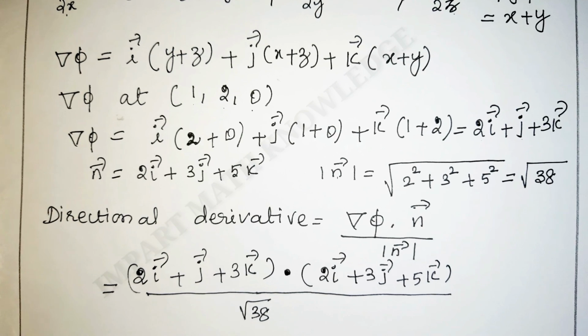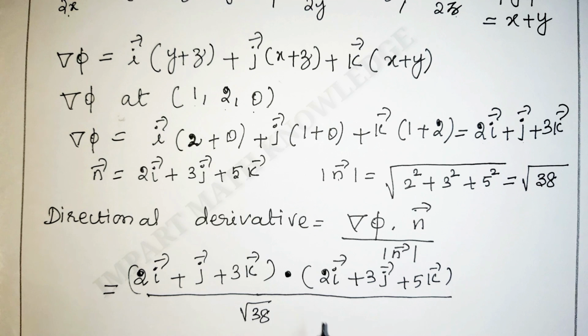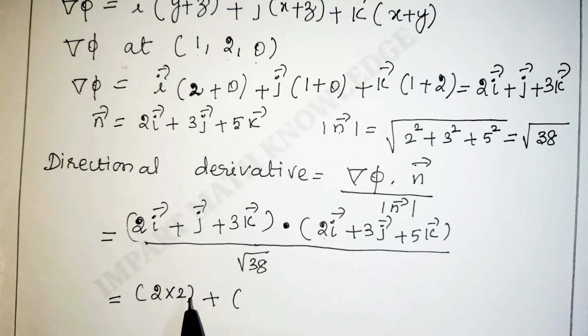Modulus of n vector is root 38. Now we take the dot product: first term with the first term, second term with the second term, third term with the third term. 2 into 2 plus 1 into 3 plus 3 into 5.